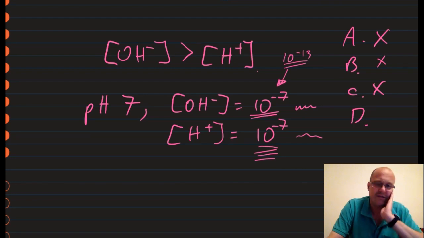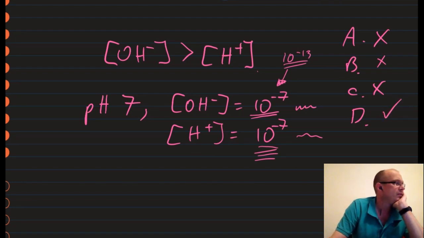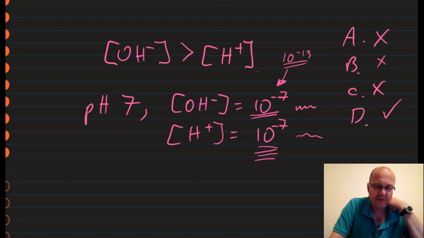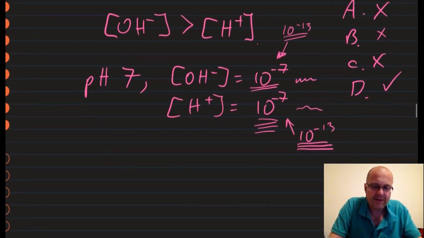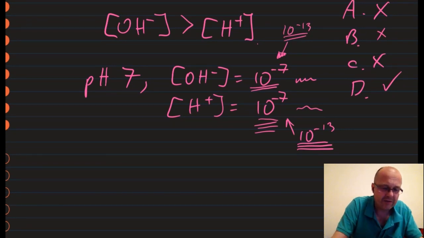It must be D. Is it D? 19D, yes. The concentration of H3O plus is 10 to the minus 13, yeah. So the correct answer is this is 10 to the minus 13. Yet there's hardly any acid at all. A lot less than 10 to the minus 7, hardly any acid particles.